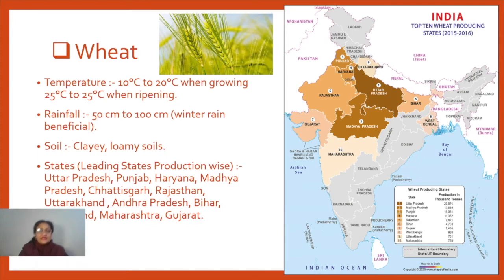One big reason for that is the winter rainfall received in the states of Punjab, Haryana, western UP, a part of Uttarakhand, and Himachal. When these states get winter rainfall, during that season the winter crop, that is wheat, or the rabi crop as it is called, is cultivated. When it gets the winter rainfall, its quality as well as quantity improves a lot.